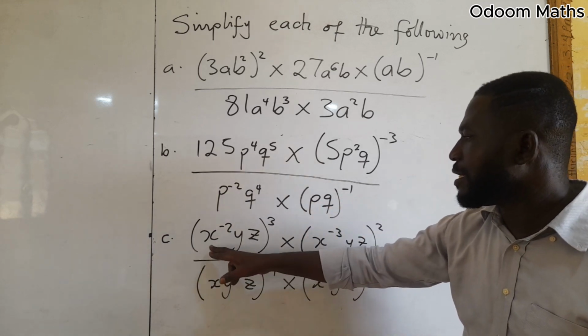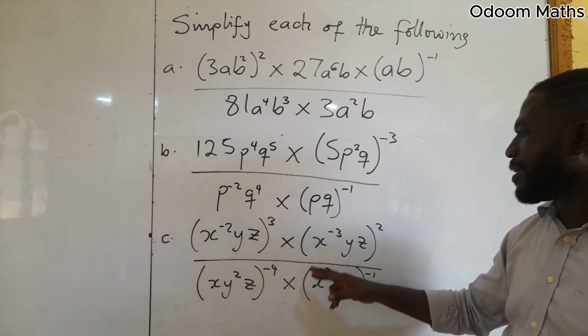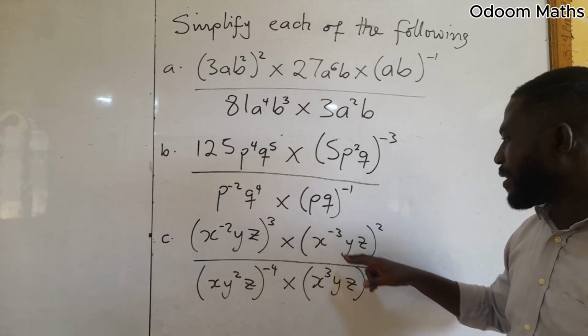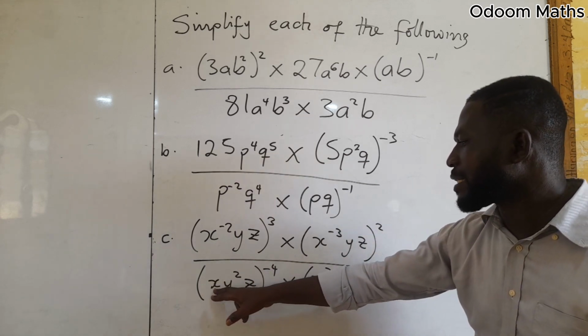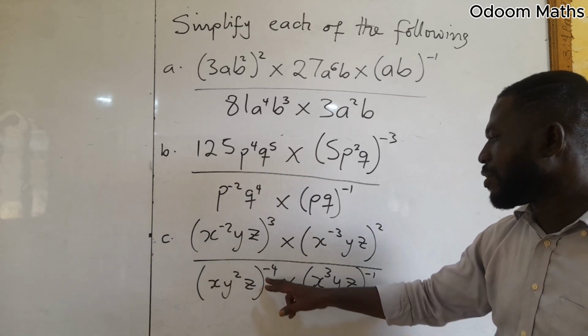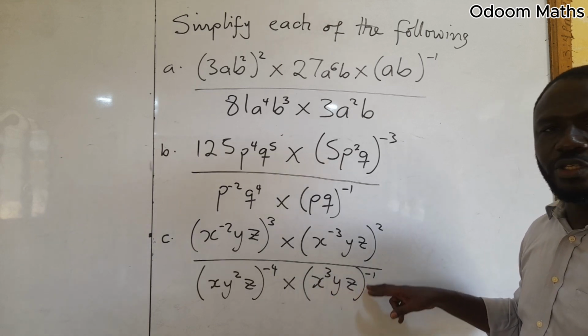Then the third is (x^-2 yz) all to the power 3 times (x^-3 yz) all to the power 2, all over (xy²z) all to the negative 4 times (x³yz) all to the negative 1.